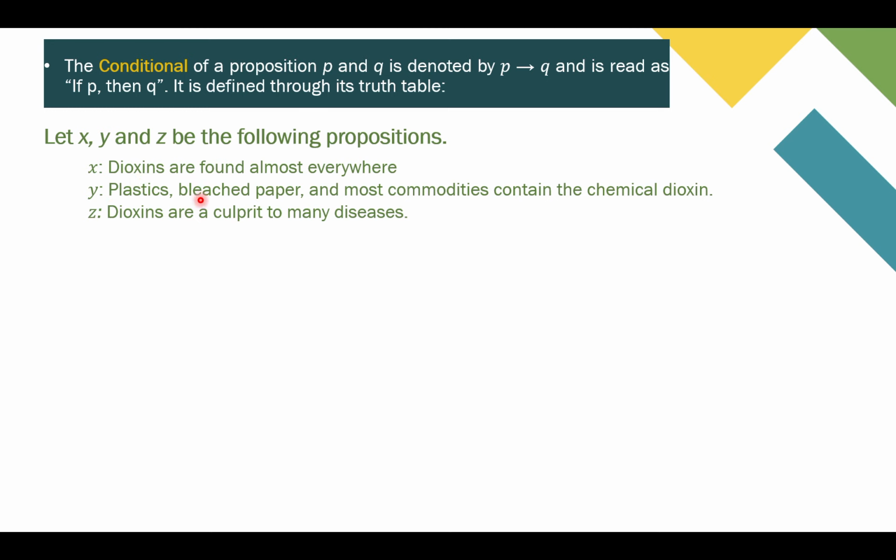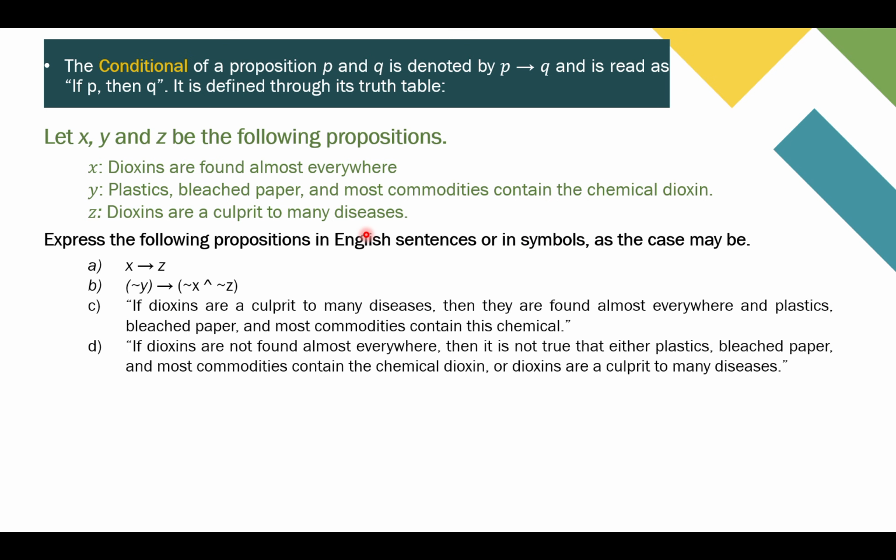Y, plastics, bleach, paper, and most commodities contain the chemical toxin. And Z, dioxins are a culprit to many diseases. So we have three propositions. Express the following in English sentences or in symbols as the case may be. So you may pause the video for you to practice it.